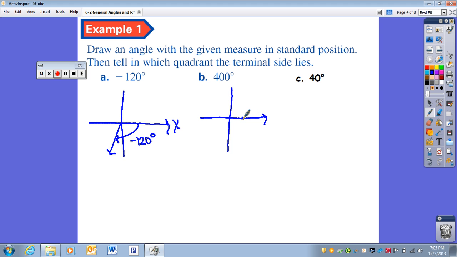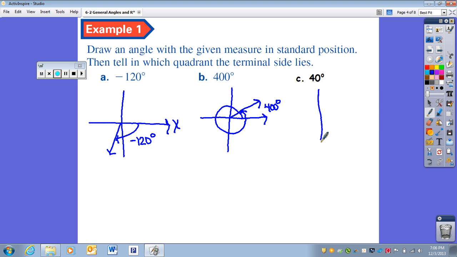So we're going to start, and when we go around, the first time around will be 360 degrees, and then we need to add in another 40 degrees, not quite 45. And that will be our angle that measures a positive 400 degrees. So it's once around, and then we add our other 40 degrees.